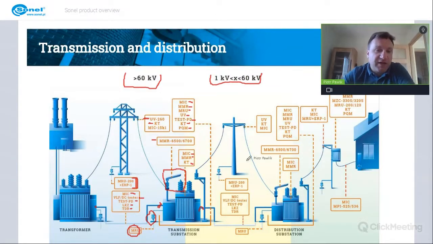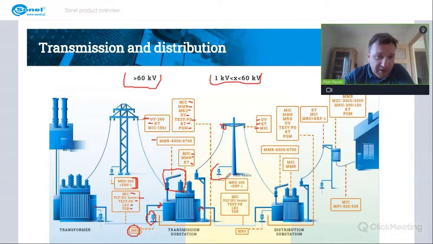So what we can check in case of overhead transmission line, here again on the towers we can check for any corona discharges, UV camera, overheating elements with thermal imagers, and we can check insulation resistance of the insulators using the MIC series meters, so insulation resistance meters.